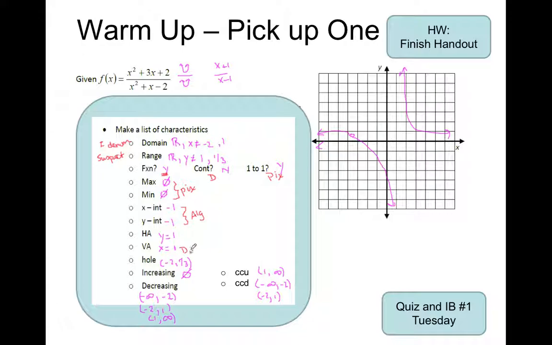Vertical asymptote comes from your domain. Hole comes from your domain, and then plug in. The horizontal asymptote comes from your rational function trick, where you're looking at the degree of the numerator and denominator. And then increasing, decreasing, concave up and concave down all come from your picture, your graph. Okay?